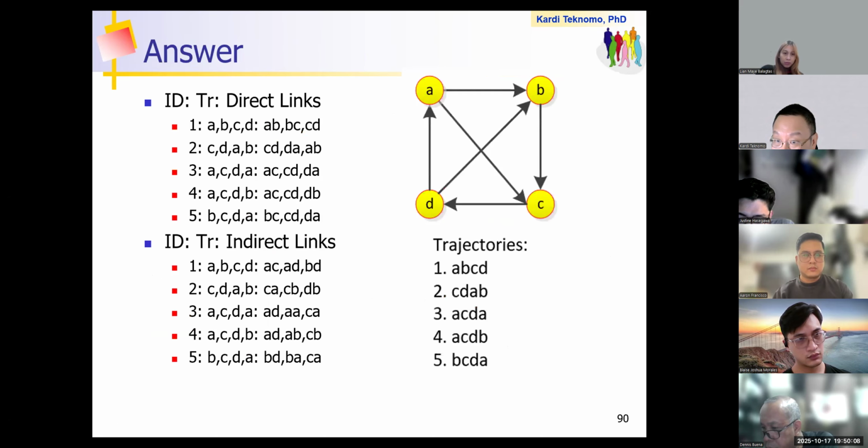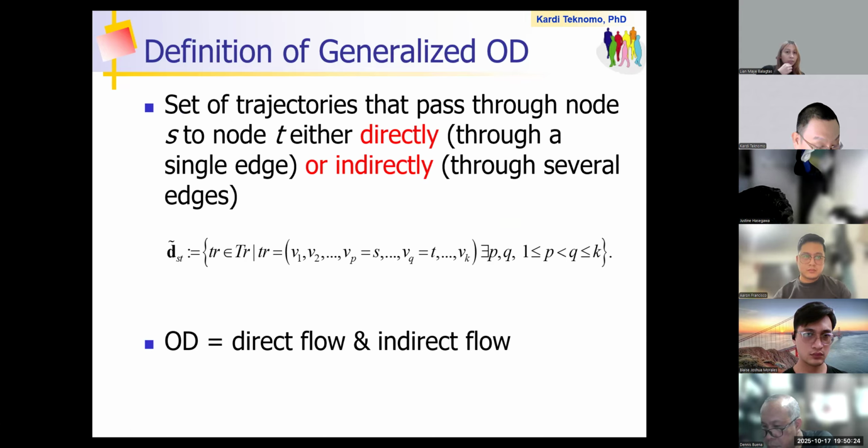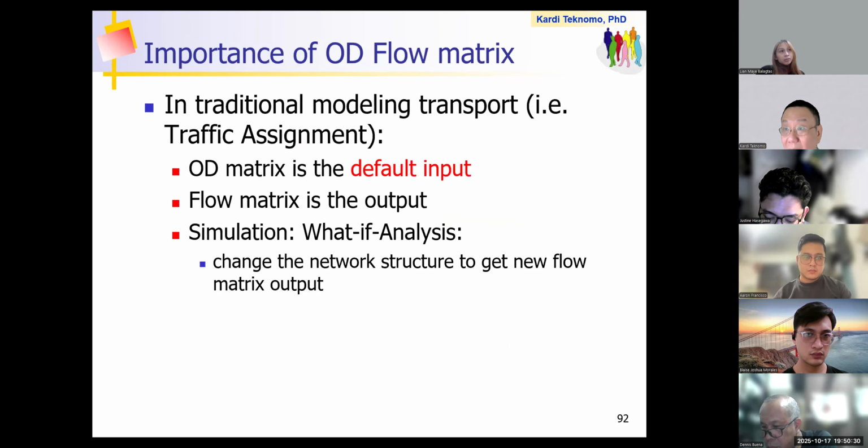Now if you put that in OD, meaning I have S here and then I have T here, and there is either one or none, so the dot dot dot means either directly or indirectly.